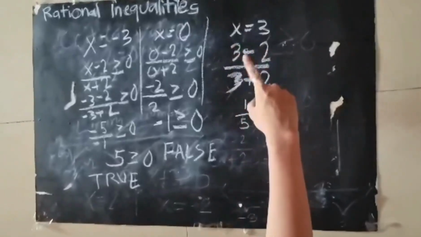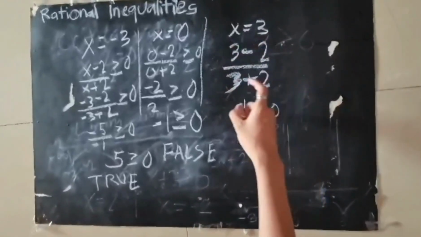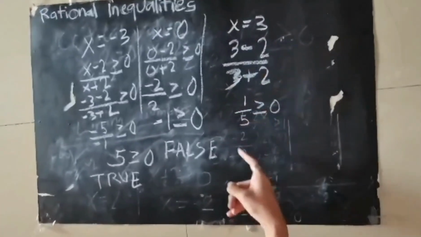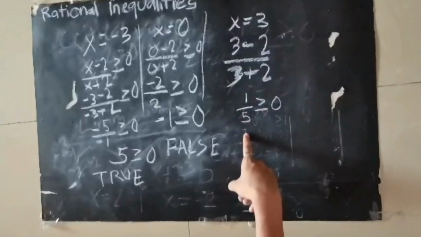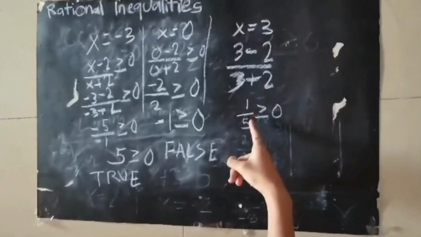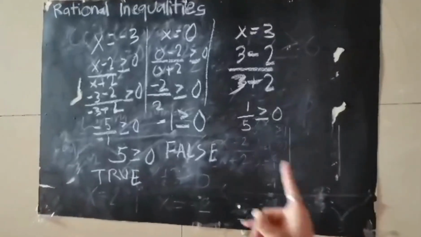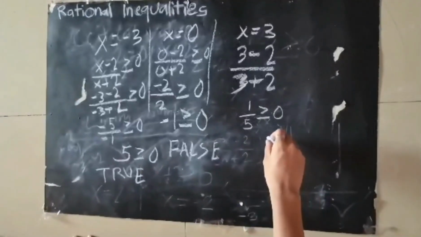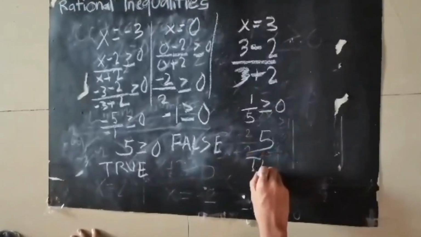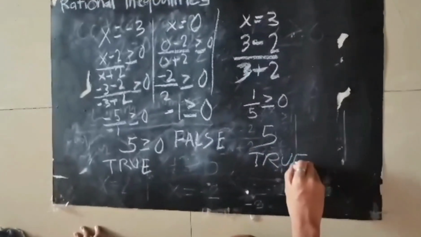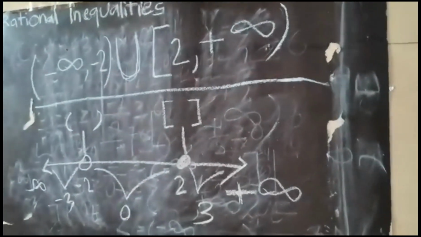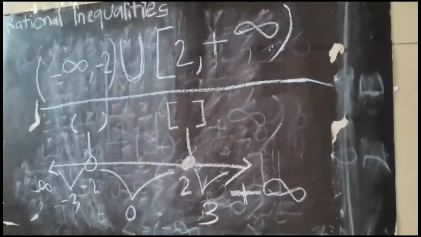Then 3 plus negative 2 will be 1, and 3 plus 2 we have 5, and there is nothing else to do. 1 over 5 is positive, which means our interval here is true. Now we are done indicating our interval numbers.